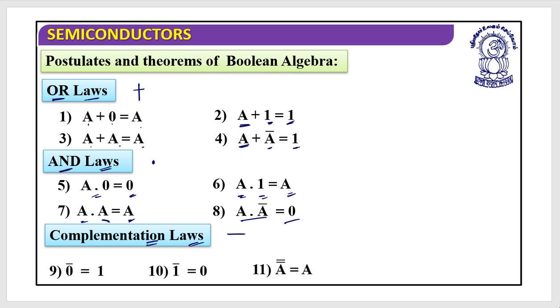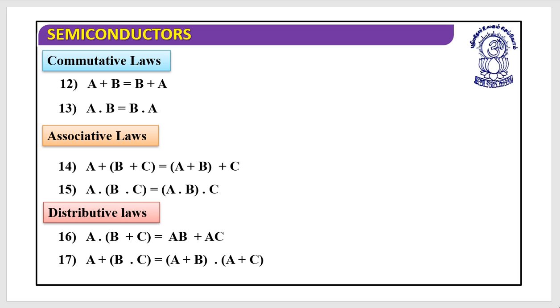And the complementary laws: 0 bar is equal to 1, 1 bar is equal to 0, and A double bar is equal to A. So these are the complementary laws.